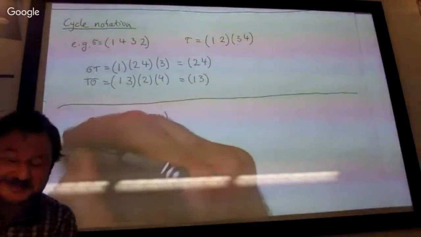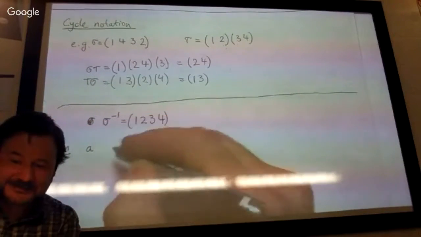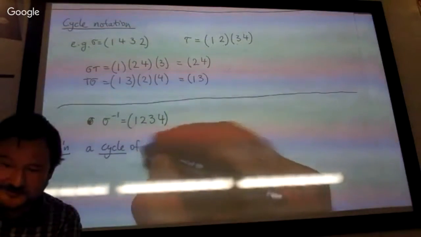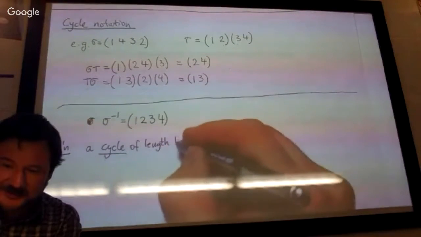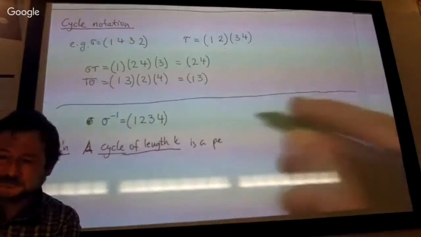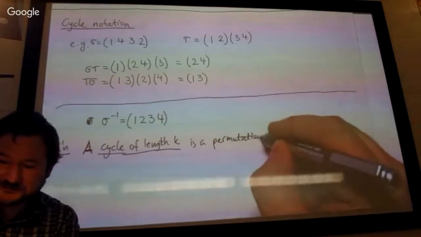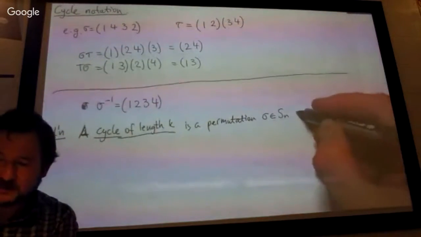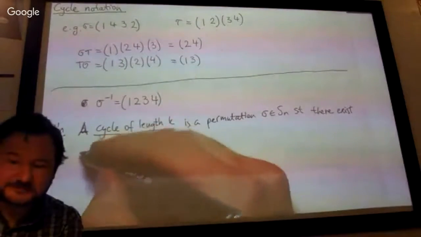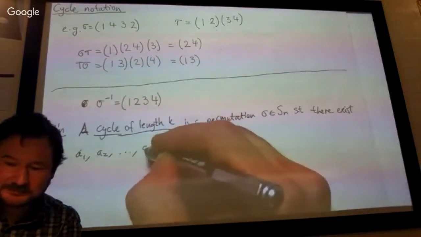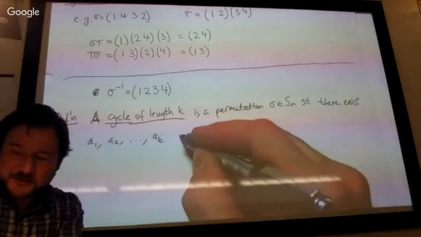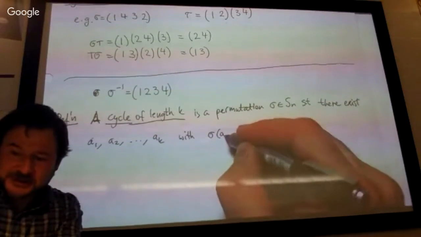So the precise definition is: a cycle of length k is a permutation for which there exist some k elements, a1 through ak, such that when you do sigma on a1, you get a2.